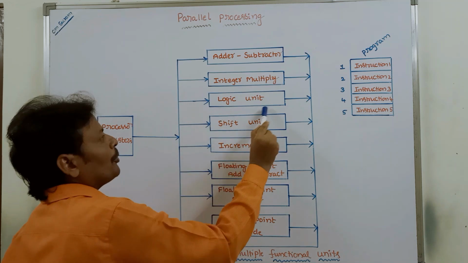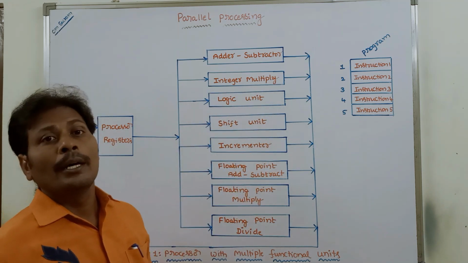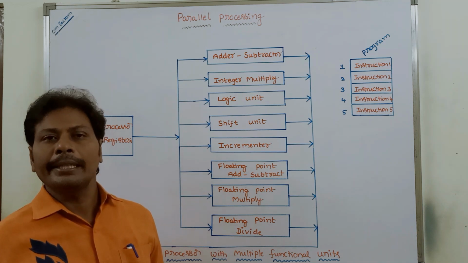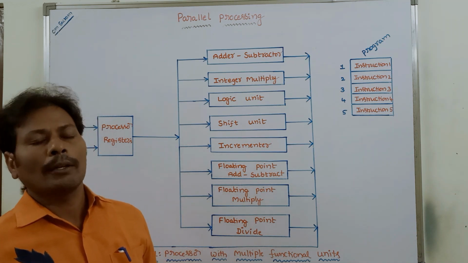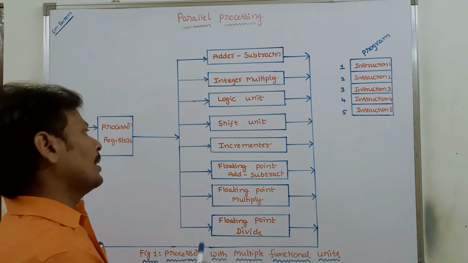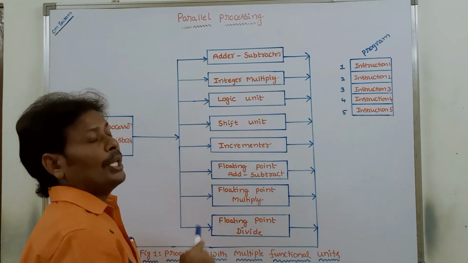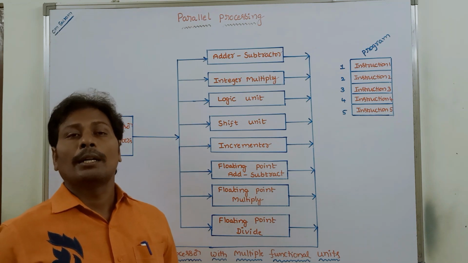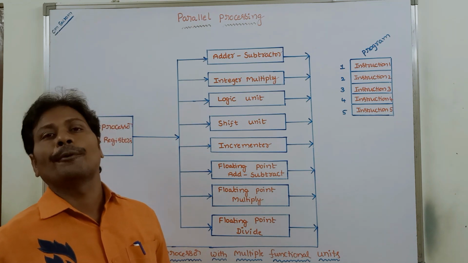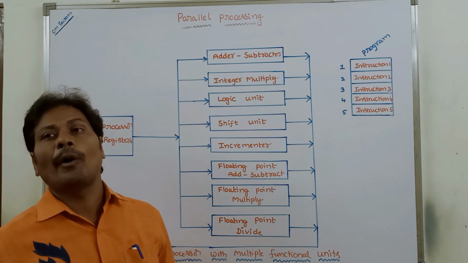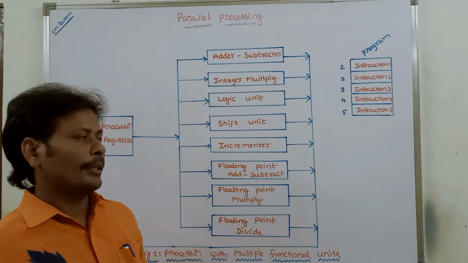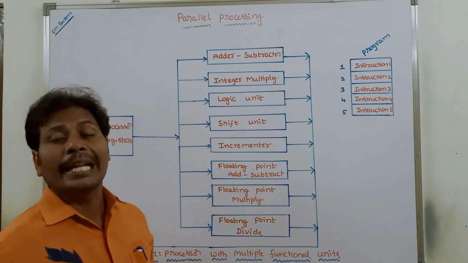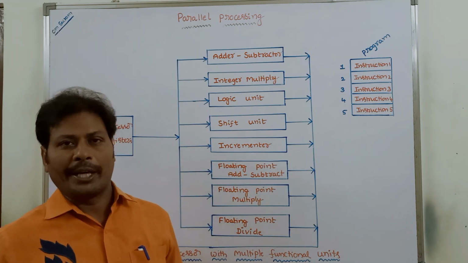This functional unit performs logical operations such as logical AND, logical OR, and logical NOT. This unit is used for performing shifting operations, either logical shift, arithmetic shift, or circular shift. Next, this unit is used for incrementing the value by 1.